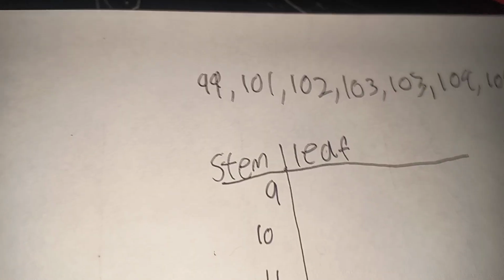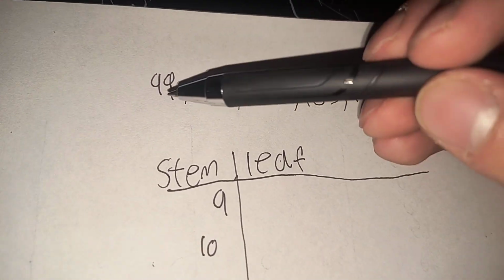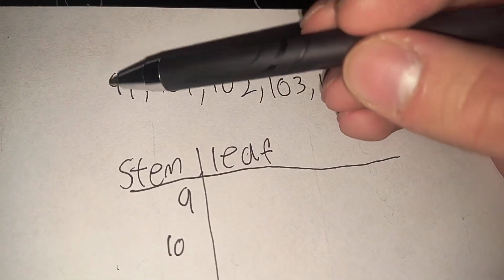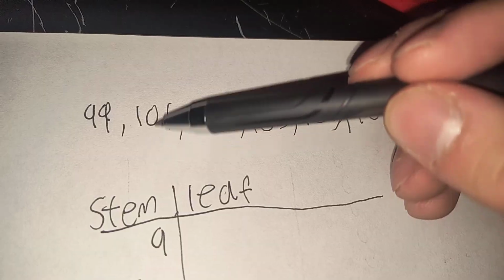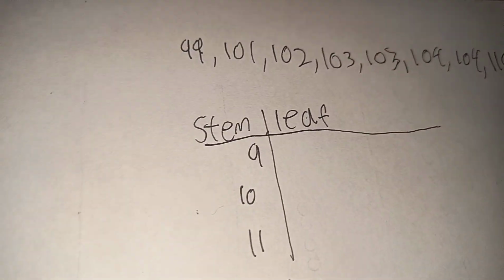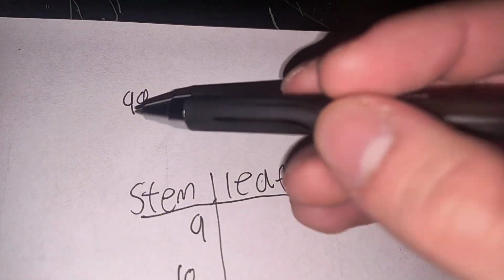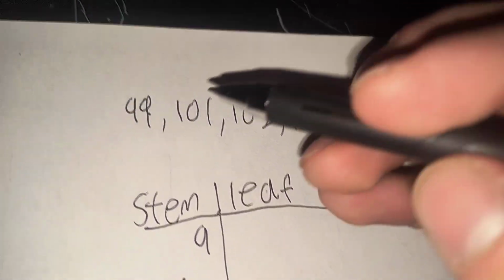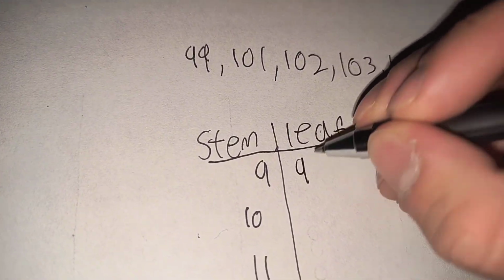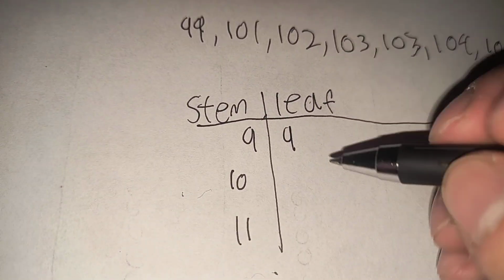So we're writing categories for the numbers, and then with these, we can write 11. Okay, so now we have categories. One for numbers that start with 9, and one for numbers that start with 10. And from right here, we write the numbers that start with those categories. As in here, we have 9, 9.